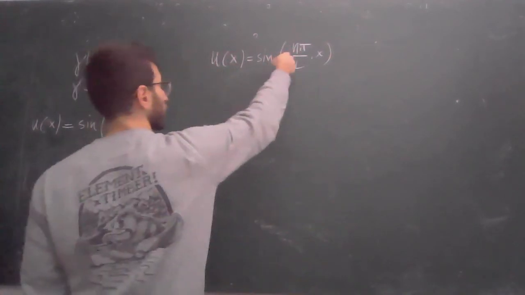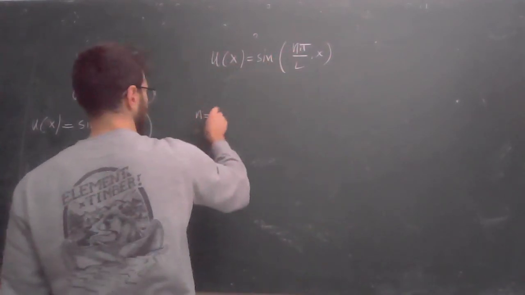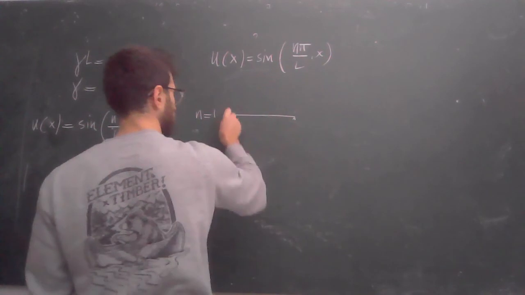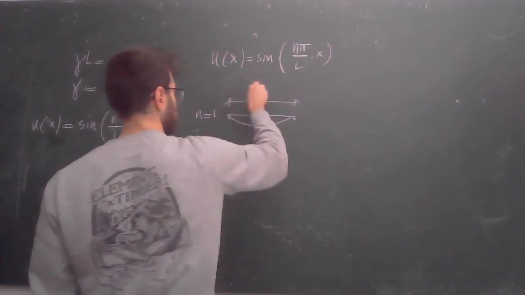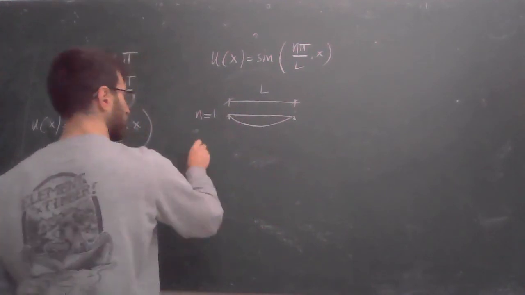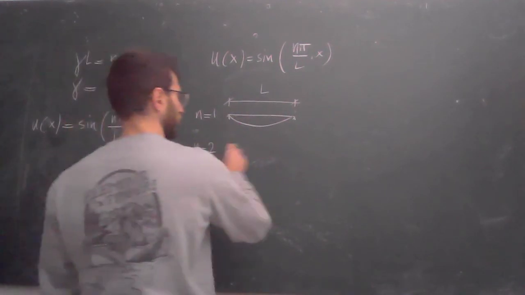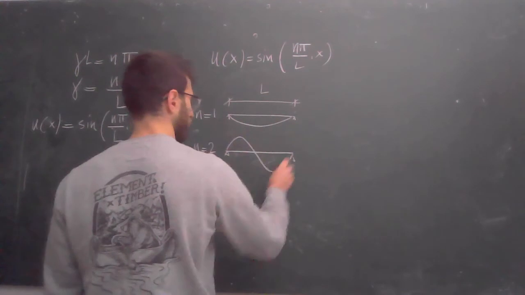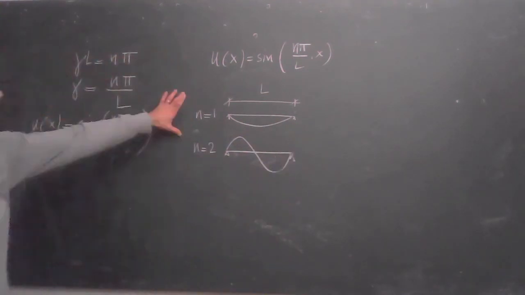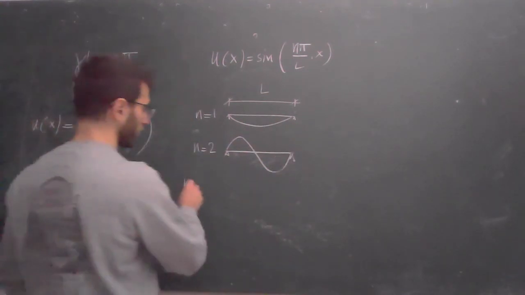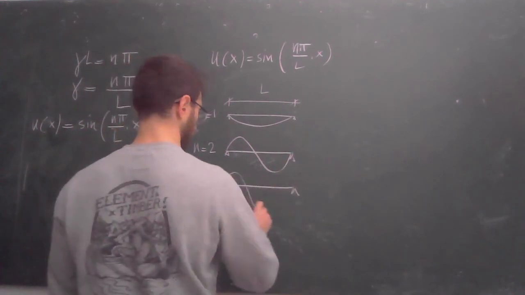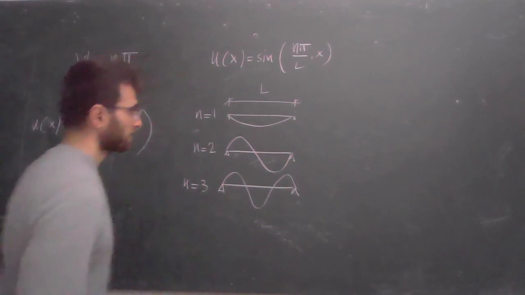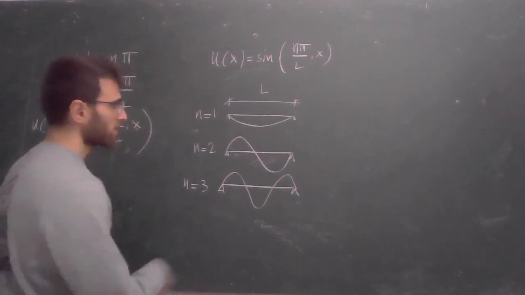When n is equal to 1, the shape is like this, because L is the total length of the string. When n is equal to 2, the shape is like this. When n is equal to 3, the shape is like this, and so on.